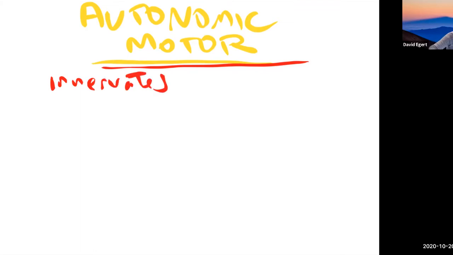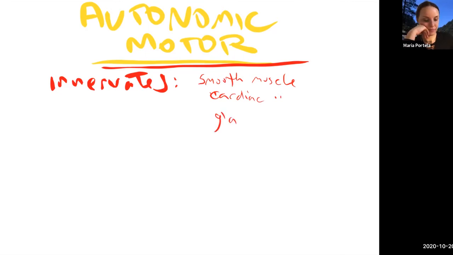What does it innervate? We talked about somatic as innervating skeletal muscle, your voluntary muscle. What gets innervated by the autonomic motor? Smooth muscle and cardiac muscle, the involuntary muscles. What else? Glands. So this is turning things on and off, I should say. It might make you salivate more, or it might dry up your saliva.